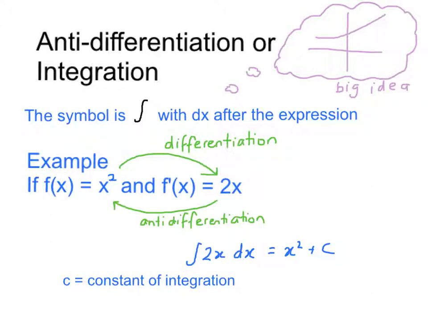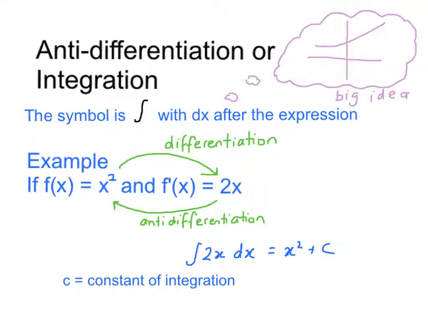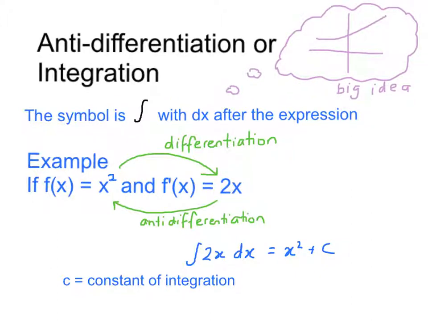So the big idea is that in differentiation you're finding the gradient of the curve at a point. One point on the curve you want to find the gradient, so you differentiate. With anti-differentiation or integration, you're finding the area under a curve.